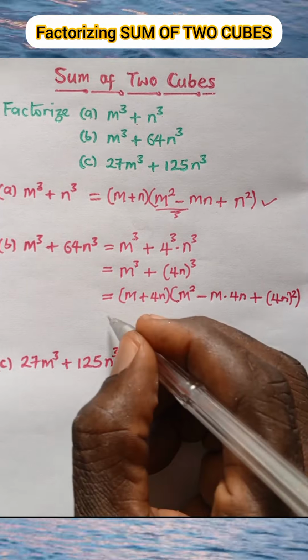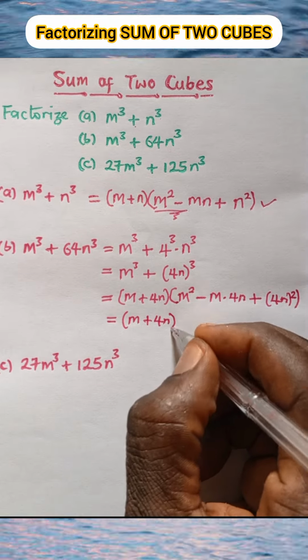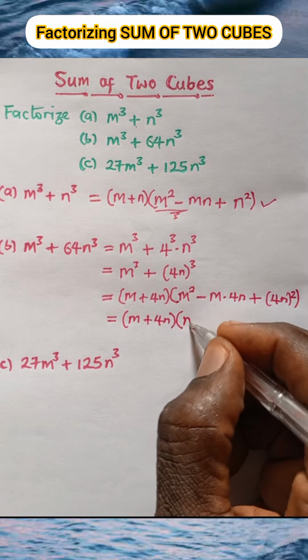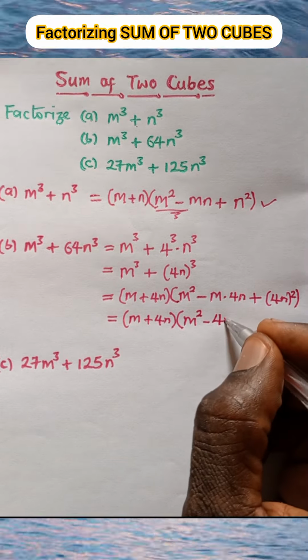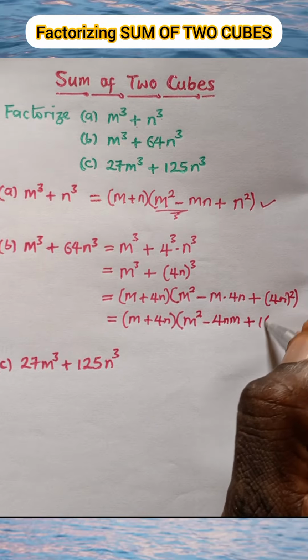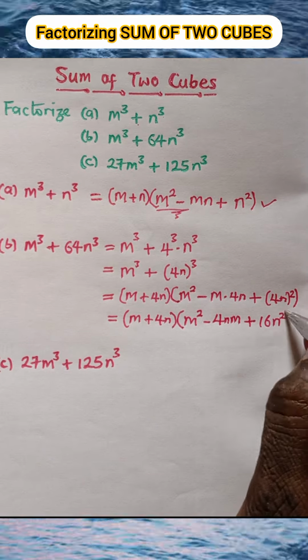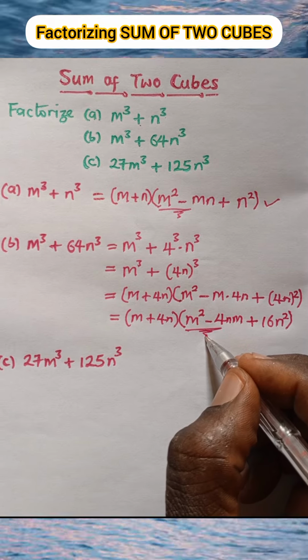So that the final answer comes out as m plus 4n in one bracket, then m square minus 4mn plus 4 square is 16, 16n square. This now is the answer to number 2.